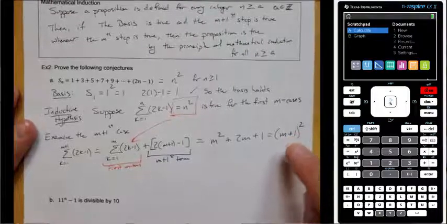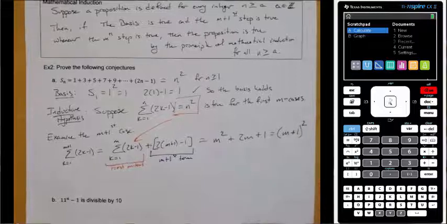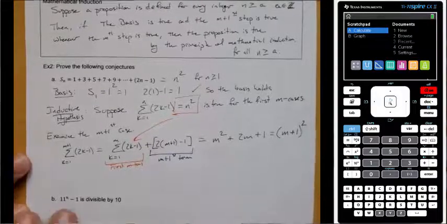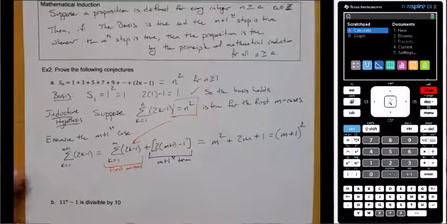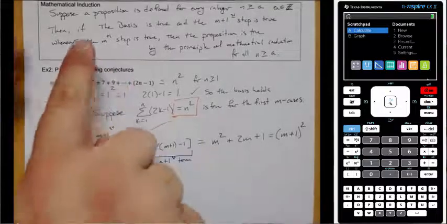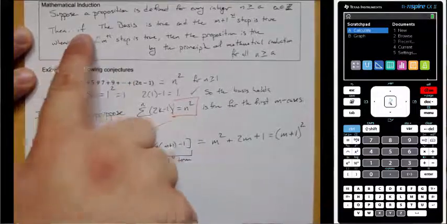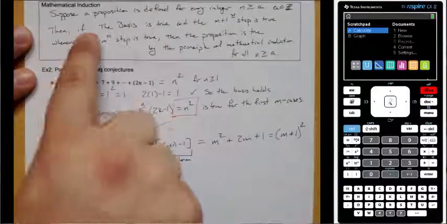This is our conclusion. Every proof by induction ends with a statement that this was true because of mathematical induction. It's going to be exactly the last sentence we wrote in the statement of mathematical induction, but replacing the "then if" with "since."